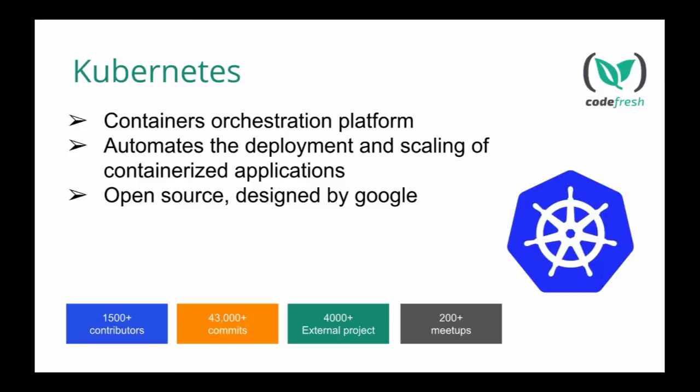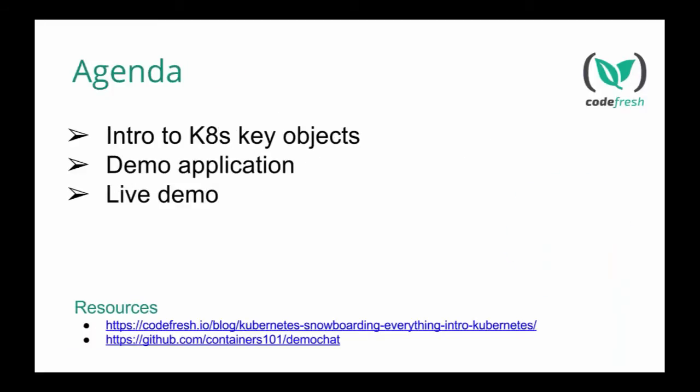It's very easy to deploy changes and roll out changes to your application using Kubernetes, and to scale the application. It's very powerful. It's an open source project that was designed by Google. You can see some stats at the bottom about how active this project is.